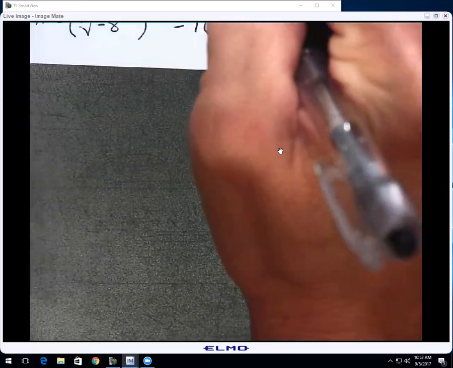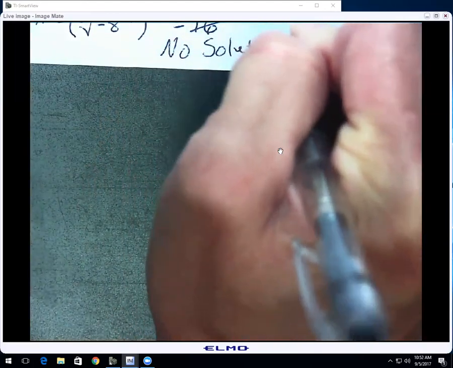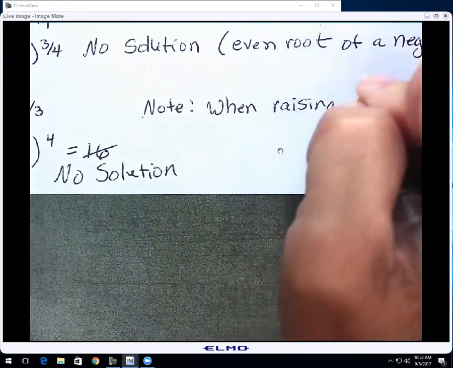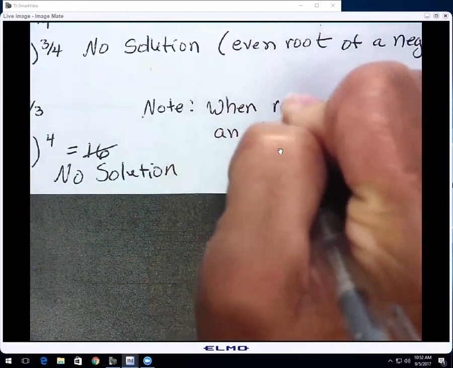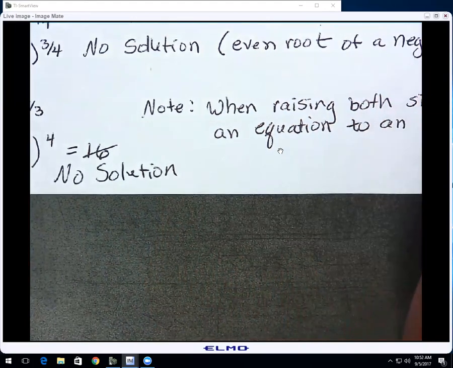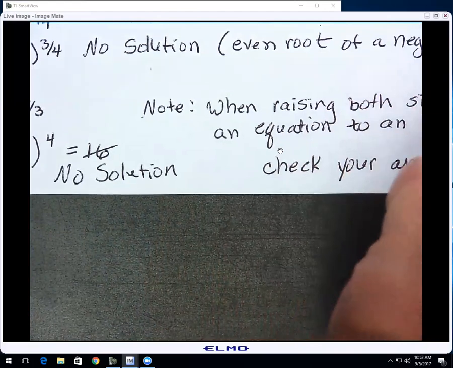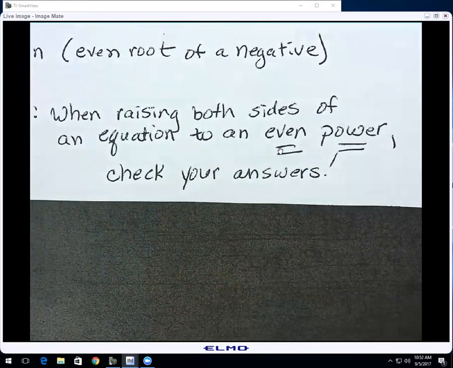Here's your other note. That was the other time I said you make an answer that doesn't work if you raise both sides to an even power.